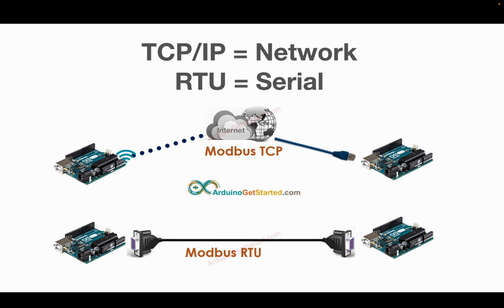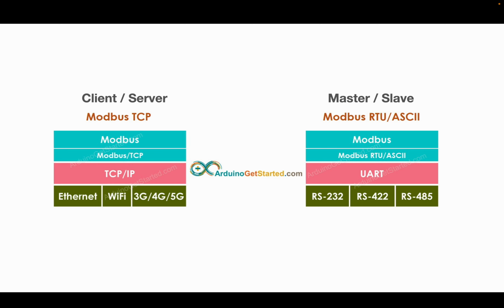communication. Now, when we have a quick look and we compare those two, this is indicating a bit of a protocol stack. We can see that Modbus TCP utilizes a TCP IP stack and has then got numerous hardware or transport mechanisms.